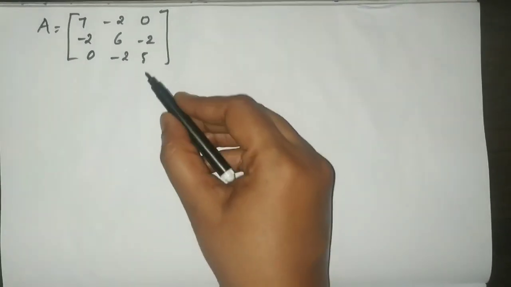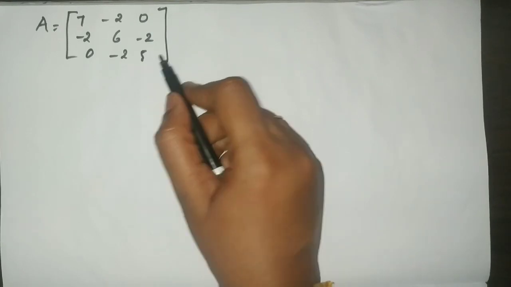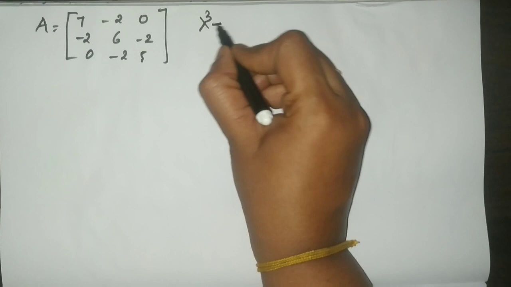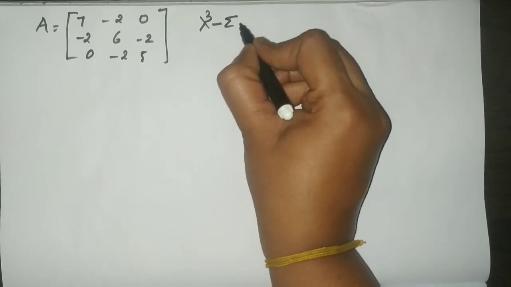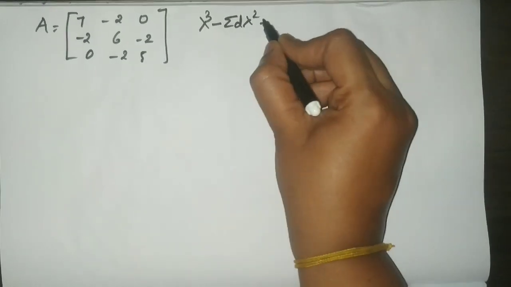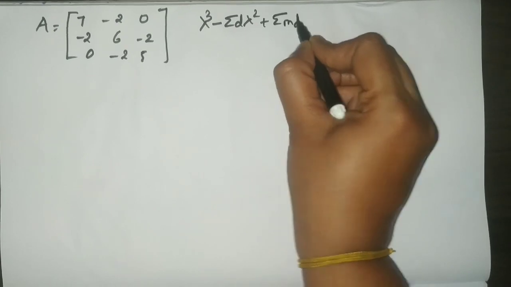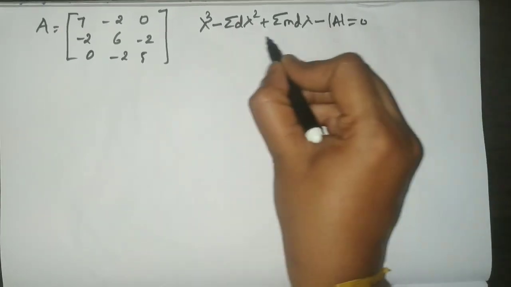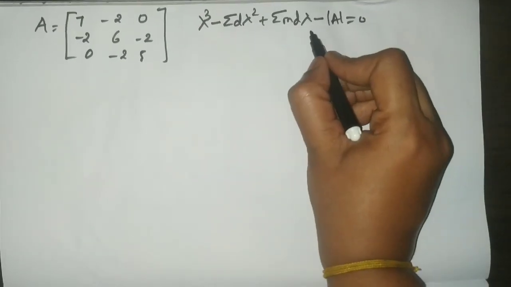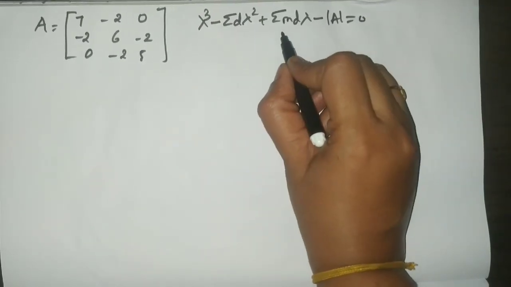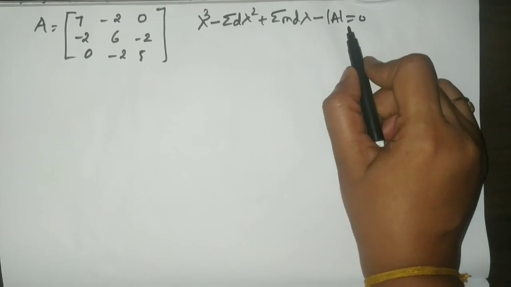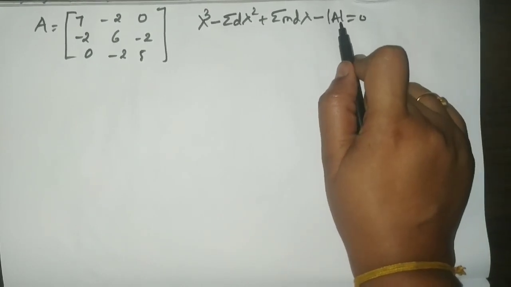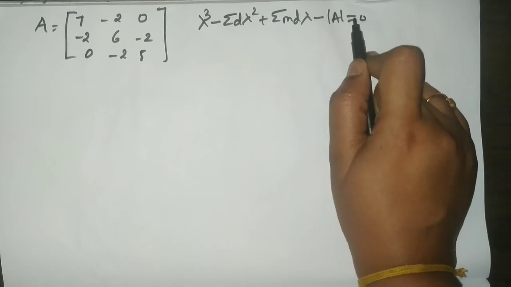So students, now we are going to understand by using the standard formula lambda cube minus, alternate plus and minus sign, summation d lambda square plus summation md lambda minus determinant of A is equal to 0, and check whether the values we got in the characteristic equation are the same with this notation. This will be easier to get the answer than the characteristic equation.